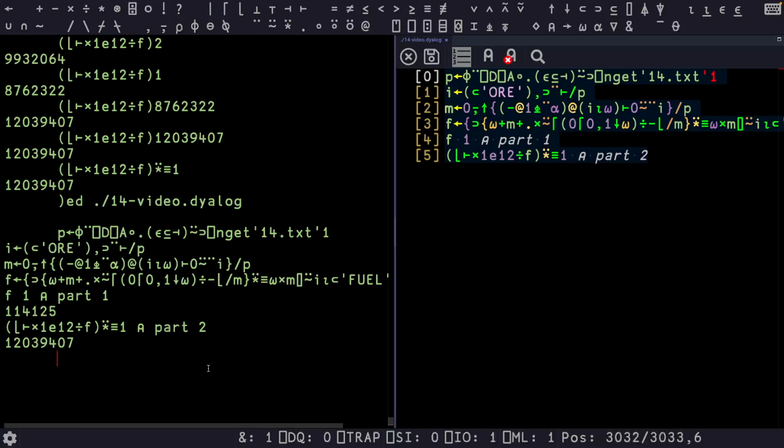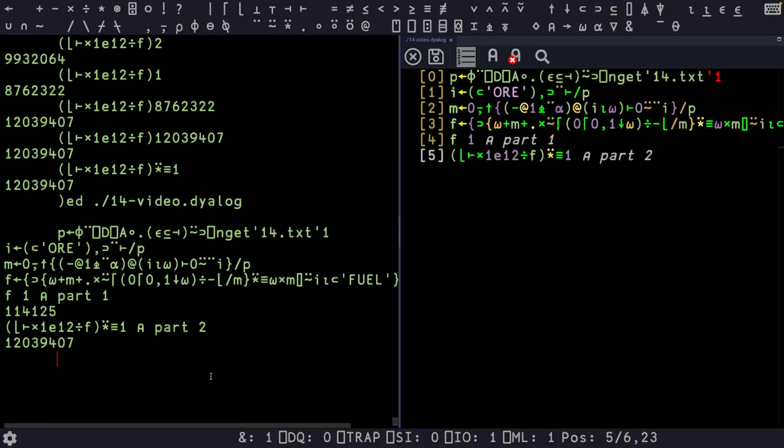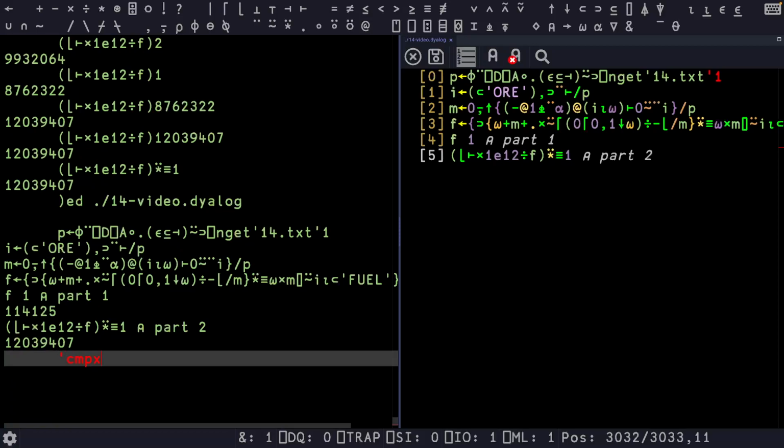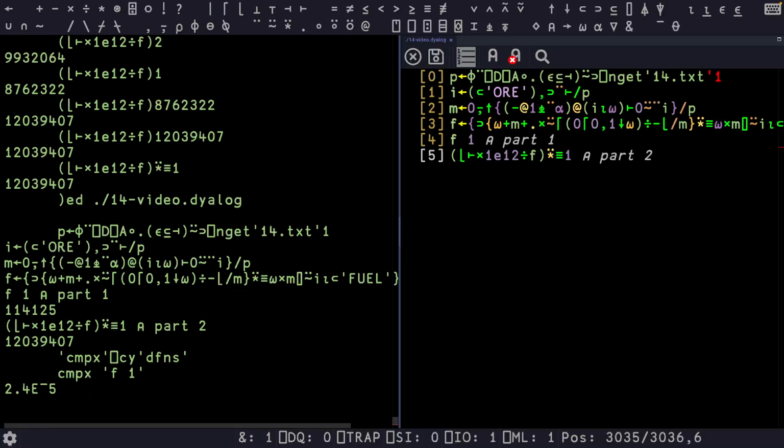Okay, now, this solution in and of itself is already pretty nice. It's concise, it uses large arrays, it's pretty array-based, it seems well suited to APL, but the really cool thing about it is that it performs really well. So let's pull compex from defense. And if I do compex on F1, this is just calculating how much ore a single unit of fuel takes. 2.4 E5, what is this?